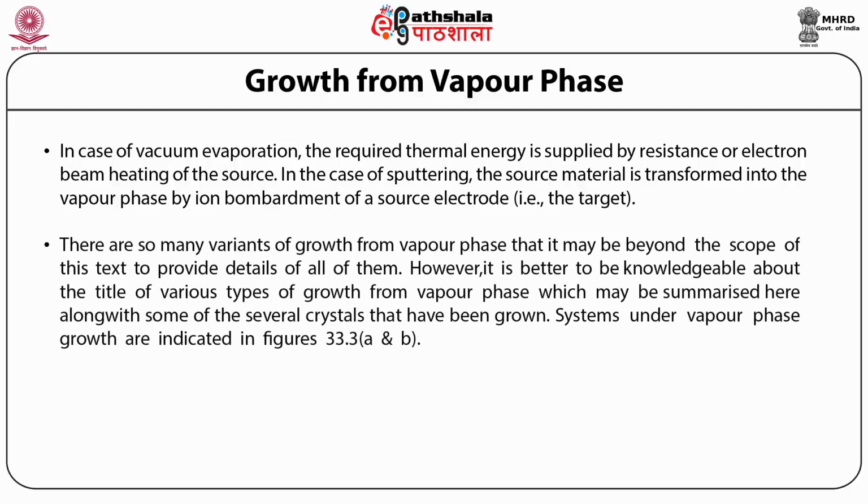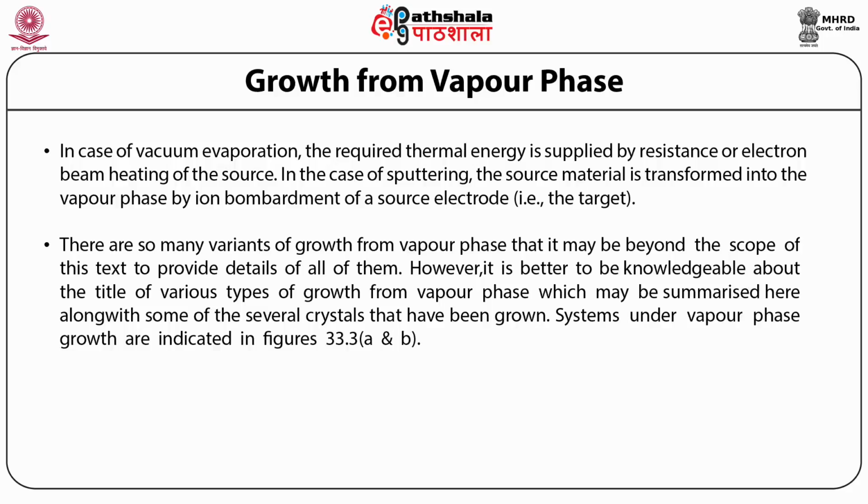There are so many variants of growth from vapor phase that it may be beyond the scope of this text to provide details of all of them. However, it is better to be knowledgeable about the titles of various types of growth from vapor phase, which may be summarized here along with some of the several crystals that have been grown.